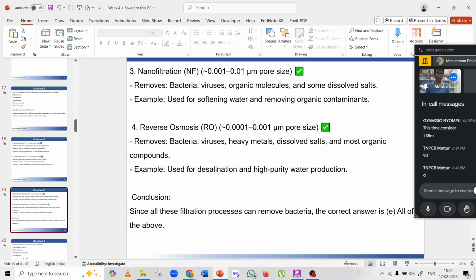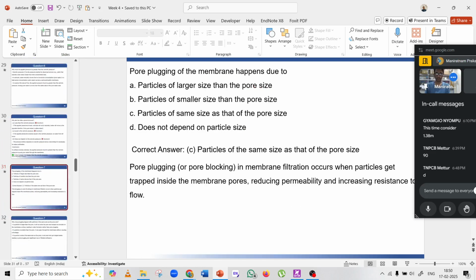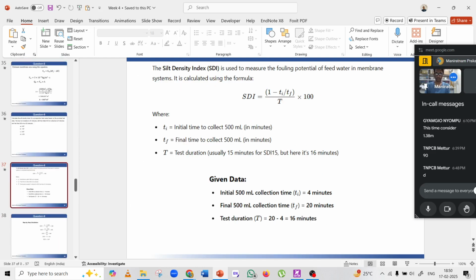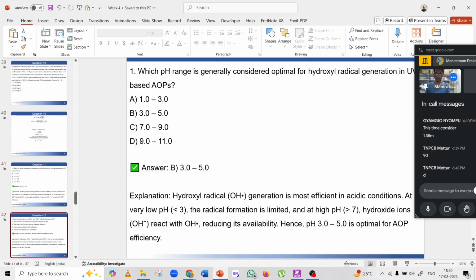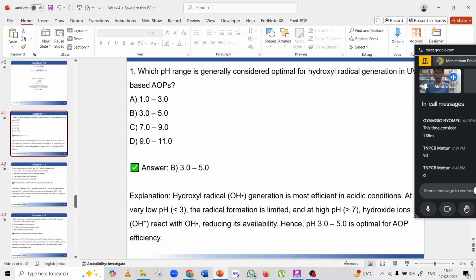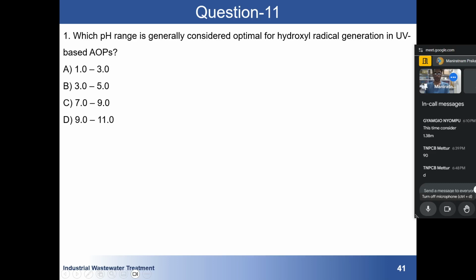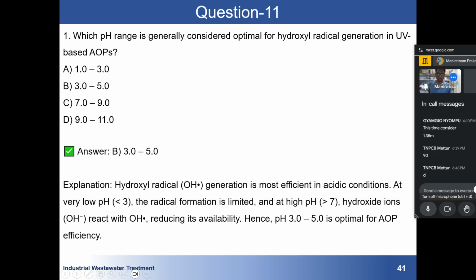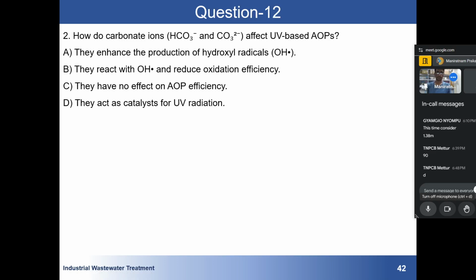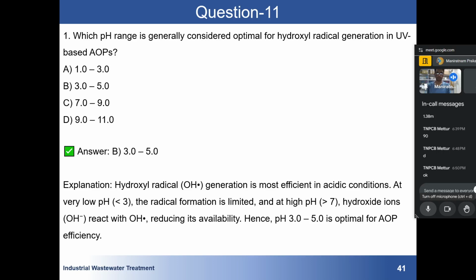But here we are talking about something else: with the help of UV, at which pH the OH radical production will be highest, and that is between 3 and 5. I have given some reasons. This PPT will be shared with you. You can watch it anytime. I hope you have understood.